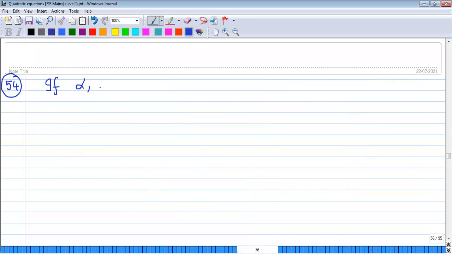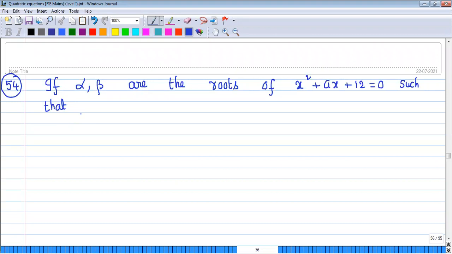If alpha, beta are the roots of x square plus ax plus 12 equals 0, such that alpha minus beta equals 1.